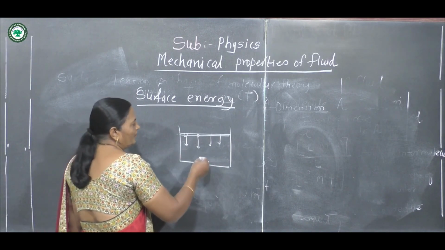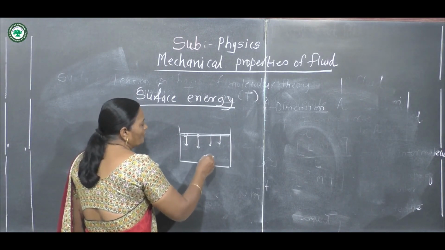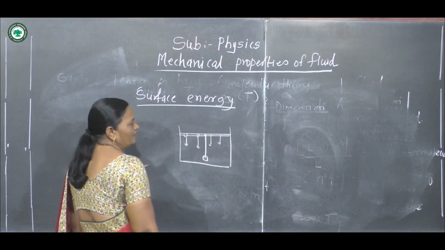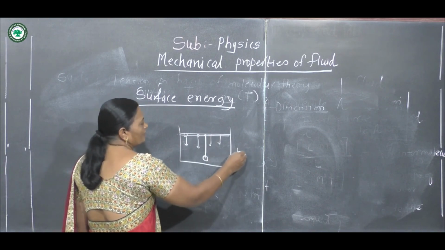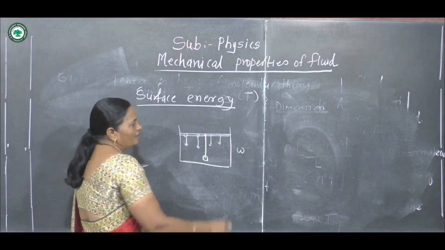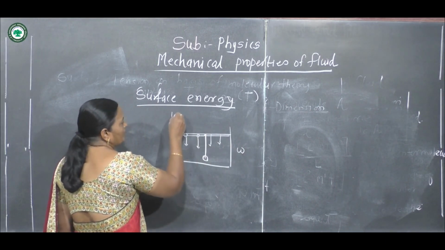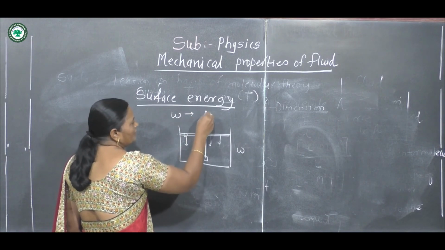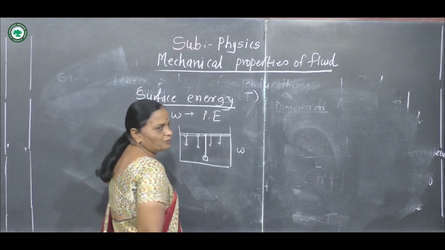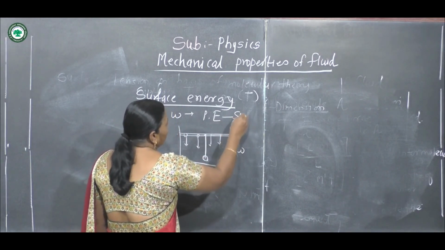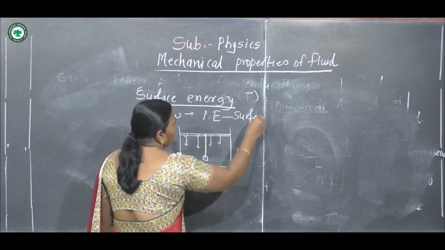But for equilibrium, some molecules are brought to the free surface and work is done. This work done is stored in the form of potential energy, and this potential energy is called surface energy.